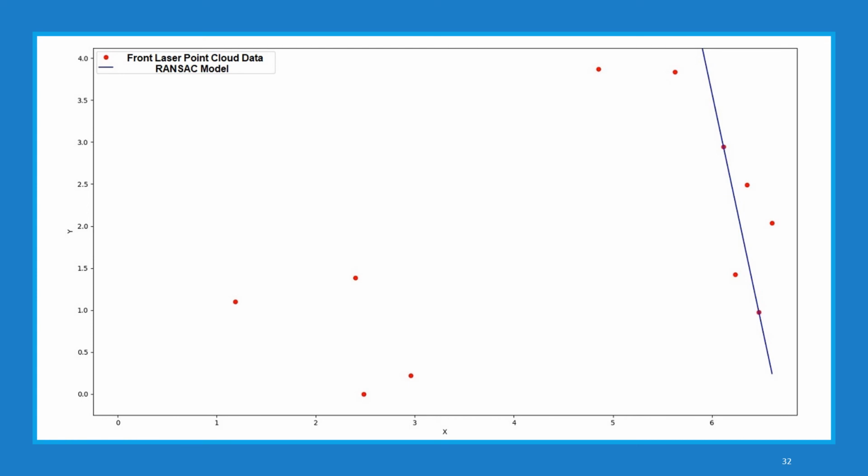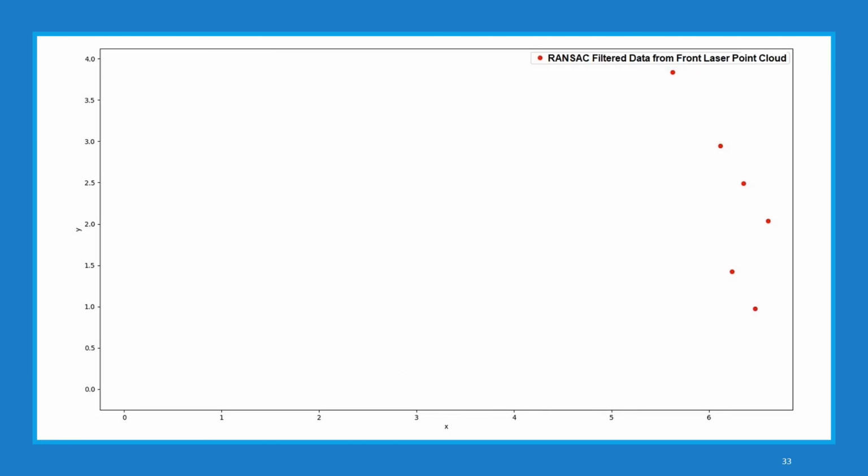For the specific case shown in this figure, the algorithm chooses the model that best fits and distinguishes between static and dynamic objects. At the end of this process, we have the filtered data from the frontal laser point cloud that the RANSAC model has declared as inliers.